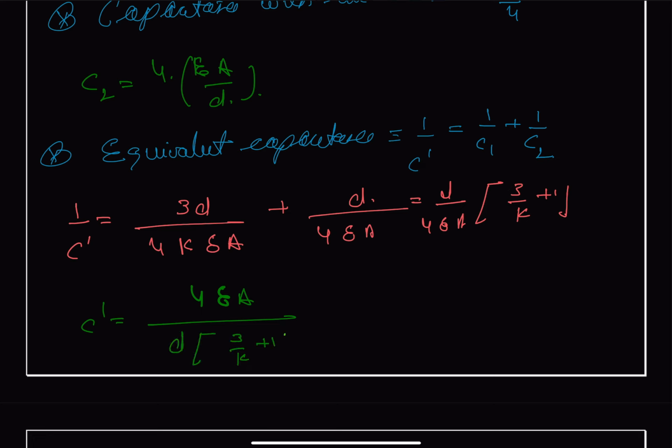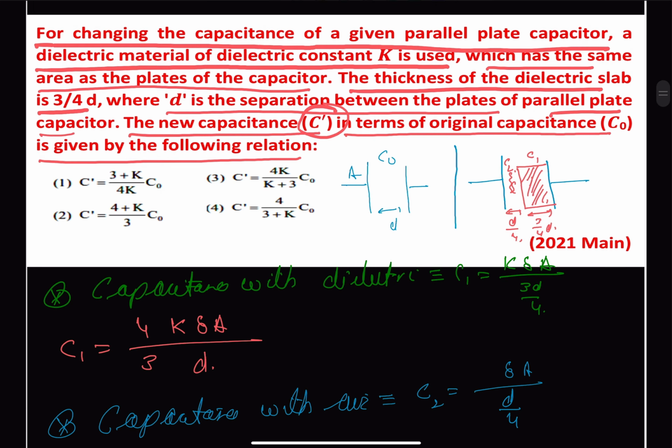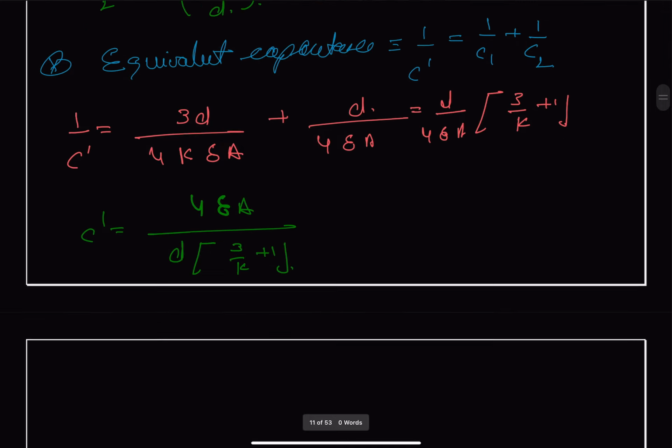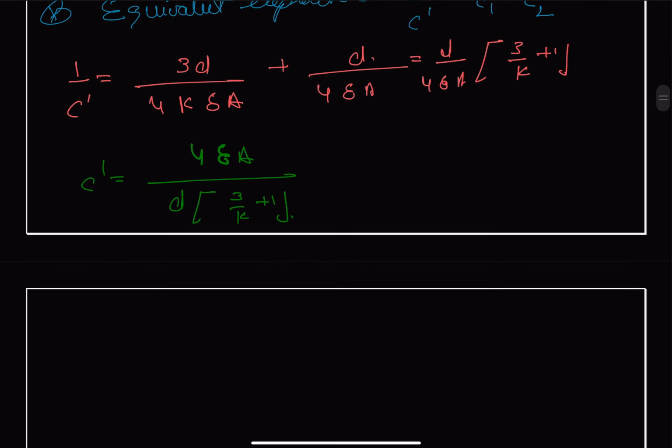So this is the new capacitance, and the original capacitance C naught is equal to epsilon naught A upon D. So we can just find their ratio. Let me rewrite this equation. We can write C prime as 4 upon 3 by K plus 1 times epsilon naught A upon D, and this is nothing but C naught.